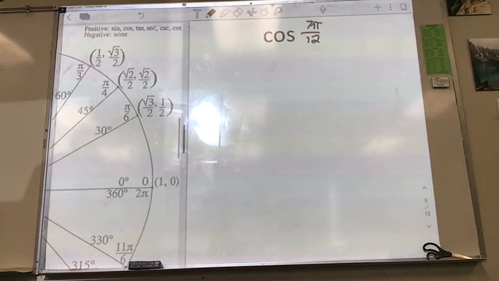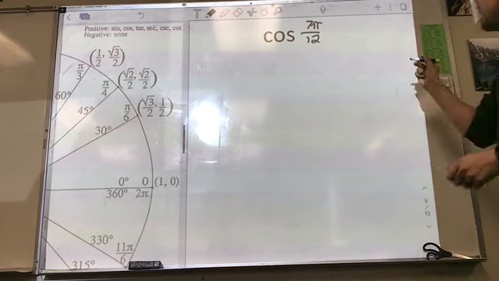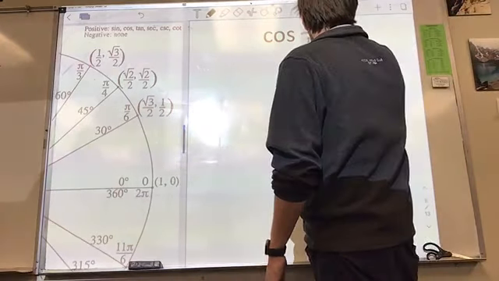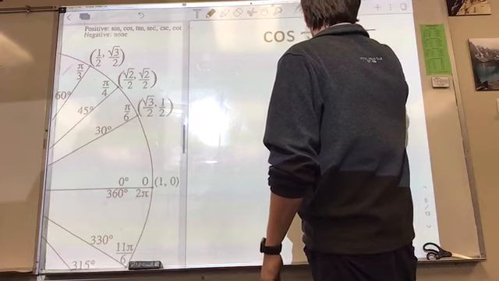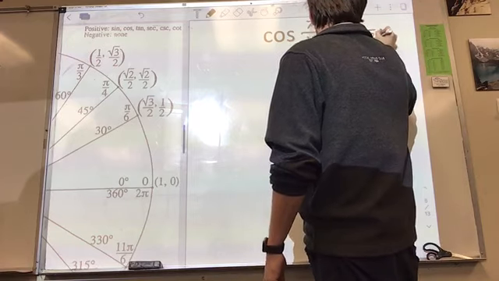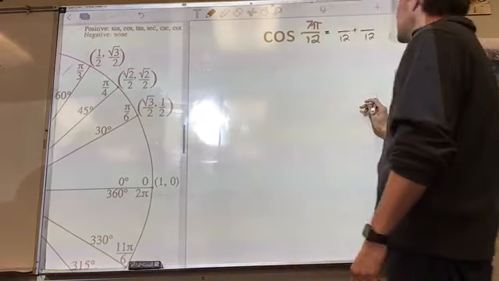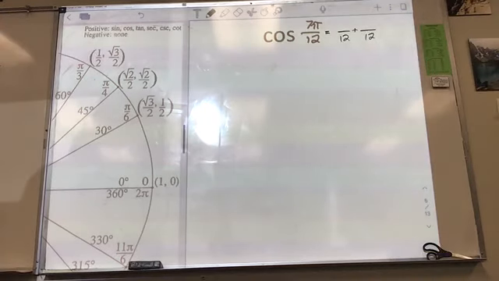Okay, so with radians, you want to figure out two fractions that are on your unit circle that would add to get that fraction. Okay? Well, if I'm trying to add to get that fraction, I know that my denominator is 12. Right? We know that my denominator has to be 12 because when you're adding fractions, you use a common denominator. Or they can subtract to get that.